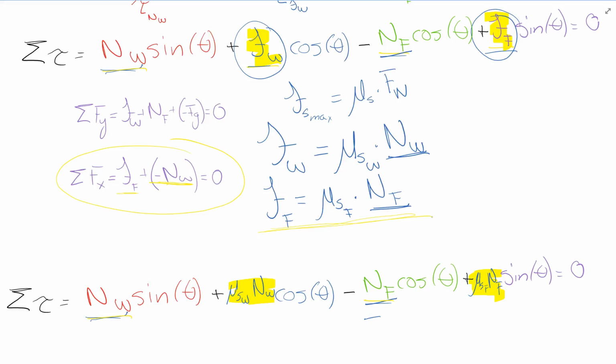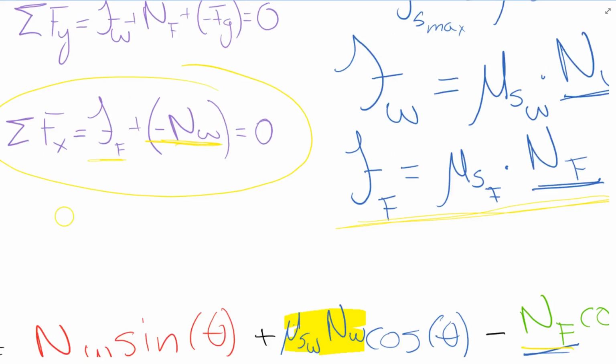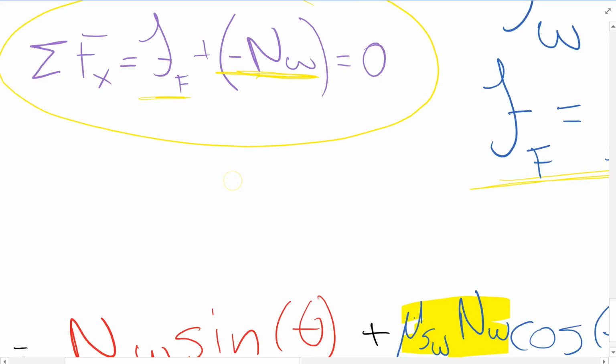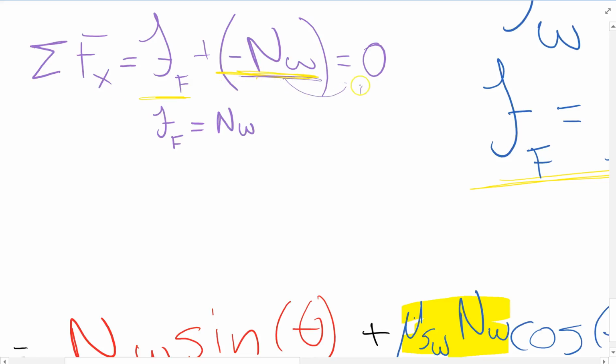So I'm going to rewrite this really quickly and very small. I'm going to just zoom in over here. And I'm going to rewrite this expression as follows. I'm going to say that the friction from the floor equals the normal from the wall. This just came from our sum of forces, and all I did was move this term to the other side of the equal sign.